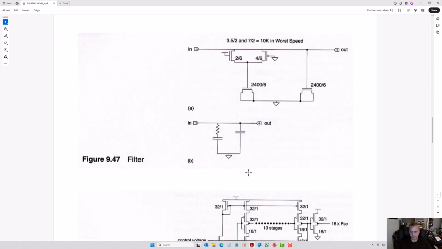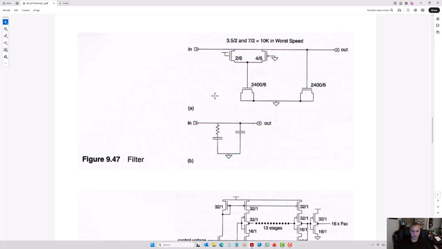It's that simple. So for the filter, you're going to be applying current sources, a pulse of current, positive or negative. So either you're charging or discharging, and again, you should see a ramp here at this output, and that's how you test your circuit here.